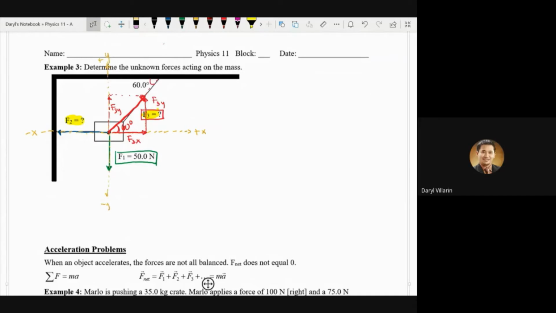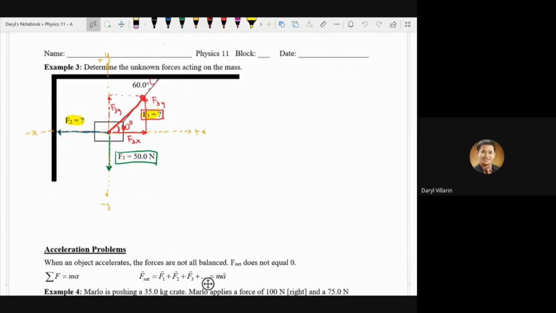Again, that's the first thing that you need to do. You need to identify the forces first, and if you can break them down into x and y components, try to also do it in your diagram. Now, if you can see here, F1 of 50 newtons would be lying along the y.